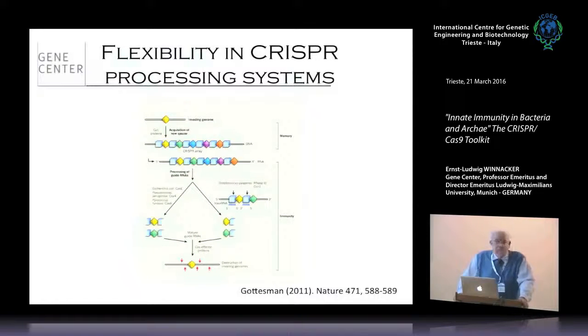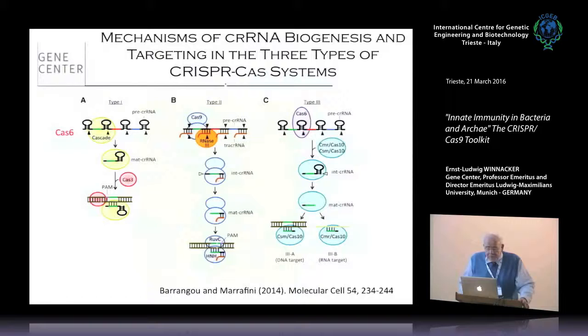There are several types, and it's already indicated here that there's a new type of RNA being used, and that is actually crucial to all this process, which we are going to talk about. So we have actually three types of mechanisms.